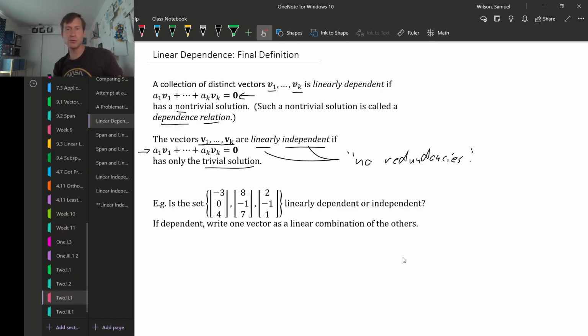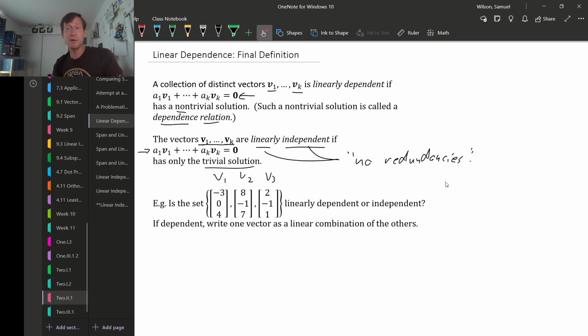Okay, so let's check to see how this definition works. Is this collection of vectors linearly dependent or independent? If it is linearly dependent, that means we should be able to write one of these vectors as a linear combination of the others. So let's name these v1, v2, and v3, just so I don't have to write out the vectors all the time.